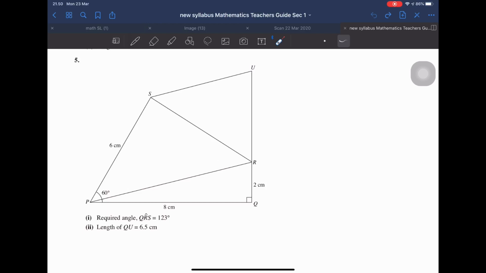Parallel line meaning the angle should be the same. Now the length of QU, measured, it should be 6.5.